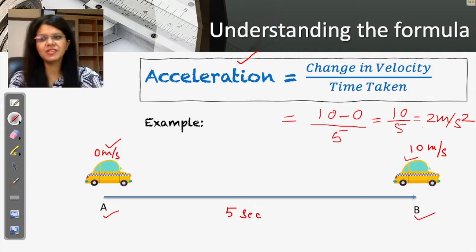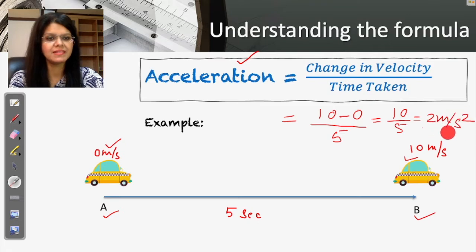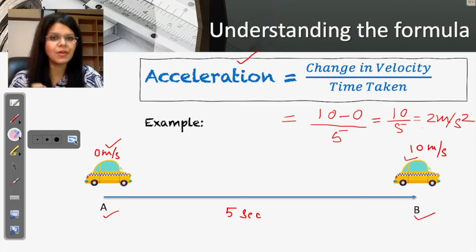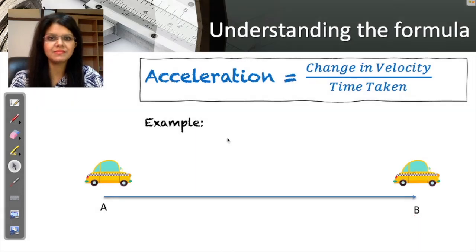So the acceleration was 2 meters per second square. So in this example we understood how to apply the formula for acceleration. We'll understand how to apply this formula in a more complicated scenario as we proceed through this video, right?